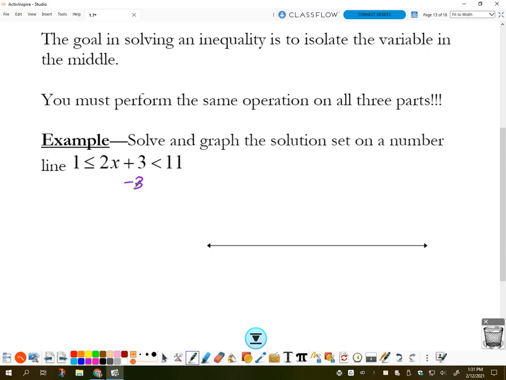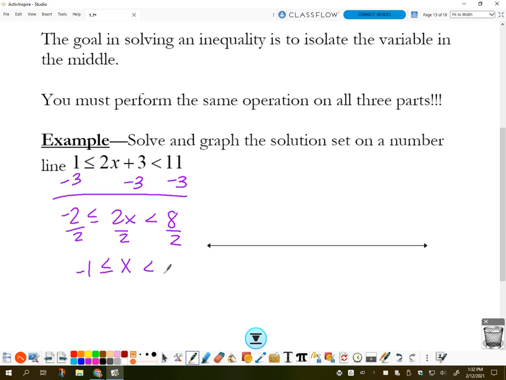So I'm going to subtract 3 in the middle so I can get x by itself, which means I've got to subtract 3 on both ends. Alright, the next step is I need to divide by 2 so that I just get an x. Well, that means that I have to divide by 2 on both ends.